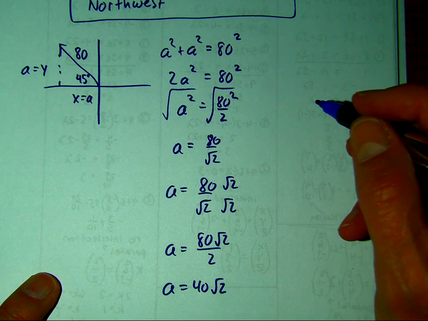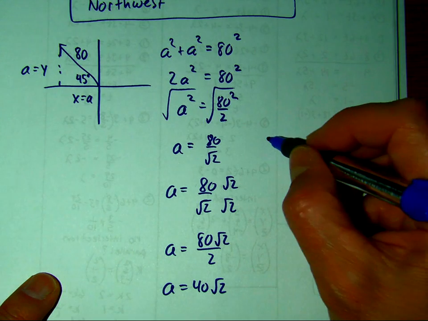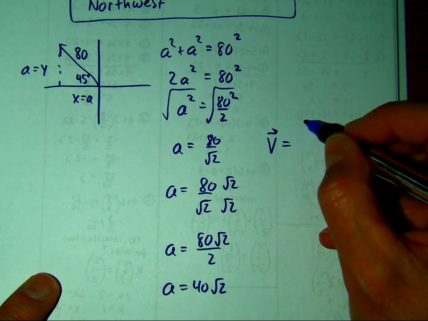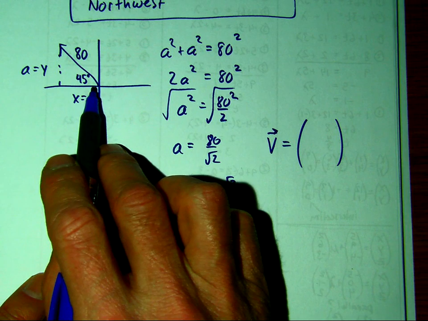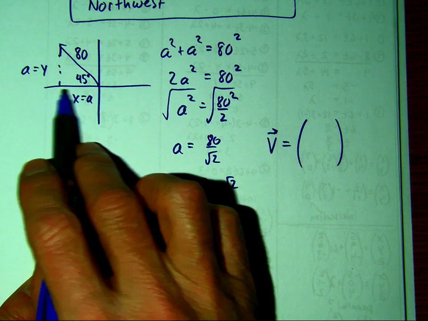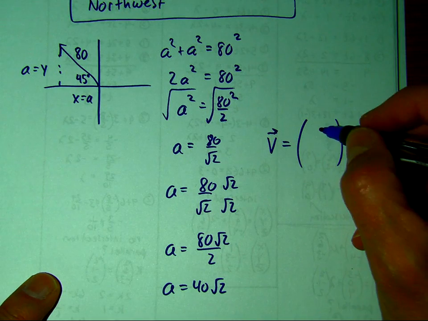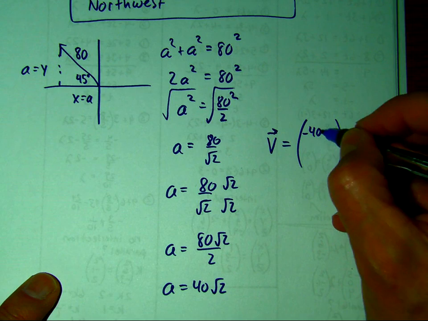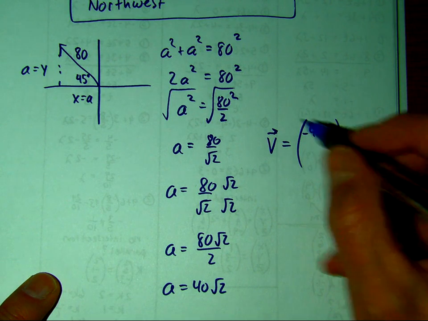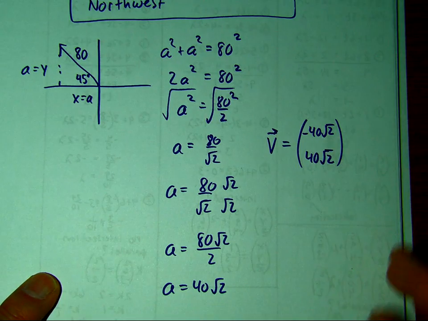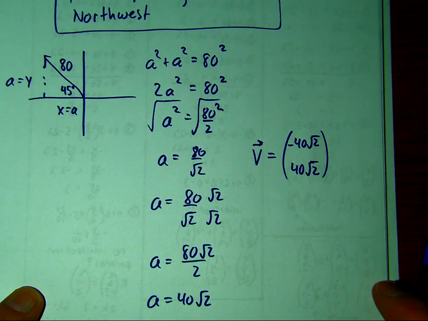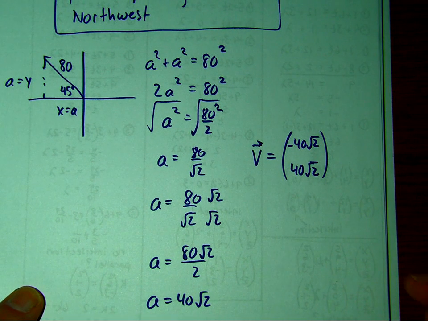So if we want to represent the vector, we know that they're pushing left, they're pushing west, which would be a negative value, so negative 40 radical 2, and then we're pushing north, and that's going to be positive 40 radical 2. And this would be in pounds.